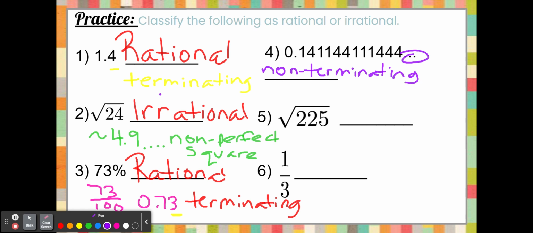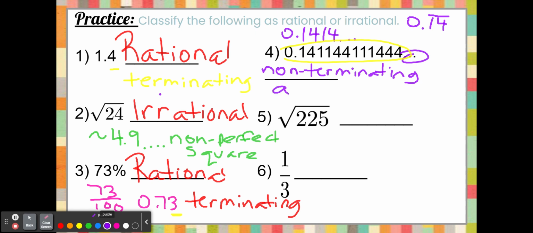However, repeating means that the same values continue over and over. So 141414, that would be considered an example of something that is repeating. You also might see an indication that it's repeating because you might have a bar on top indicating that's a repeating decimal. This example, though, is not repeating because this is simply just a pattern. So patterns aren't considered repeating.